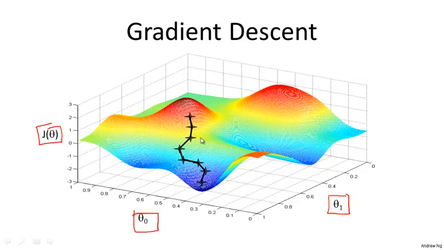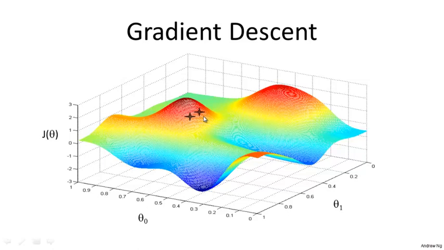One of the properties of gradient descent is that depending on where you started, you can end up at different locations. Imagine that instead of starting at this position, you started a little bit to the right, at that second cross up there.